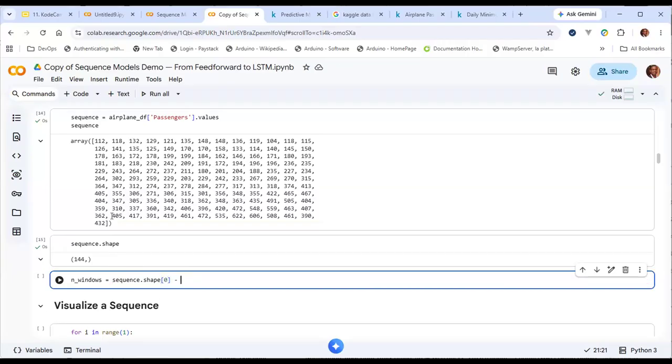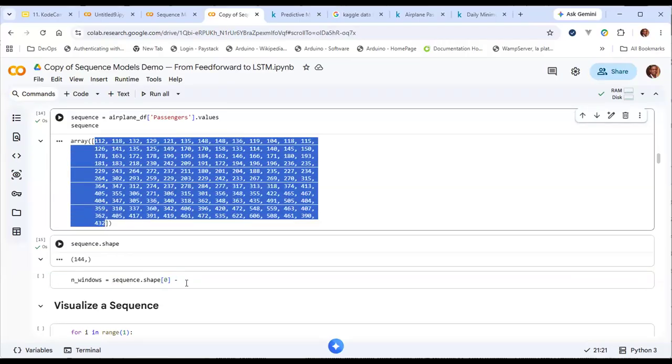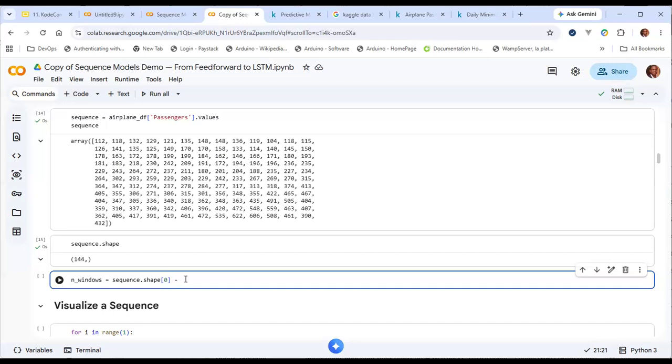That is the number of items in this entire series. But we are taking 50 at a time, so it will be minus 51 plus 1. It's always minus the number we are taking plus 1. So if the sequence length is just 1, that means it will be minus 1 plus 1, which is 0, so it will be back to the entire number here. So this is the number of windows we want to slide.